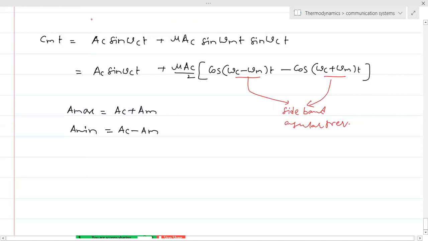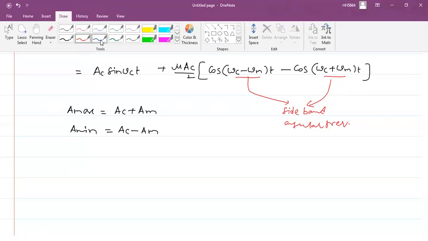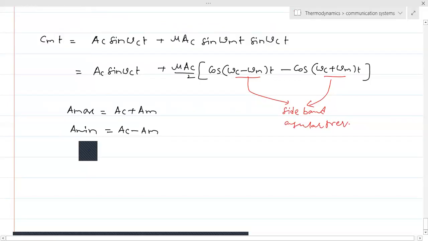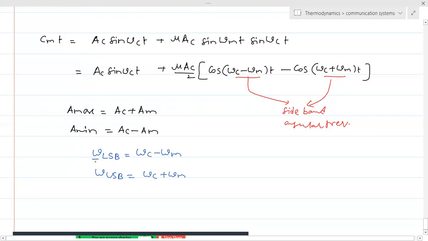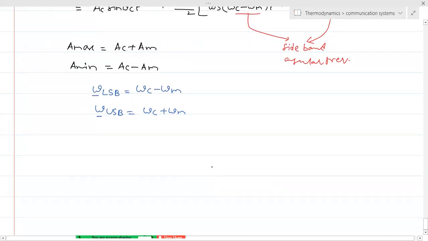So the lower sideband angular frequency is omega C minus omega M, and the upper sideband is omega C plus omega M. So whenever a communication signal has a frequency range, this is the starting point and this will be the ending point, so we have the message signal in between these two waves only.